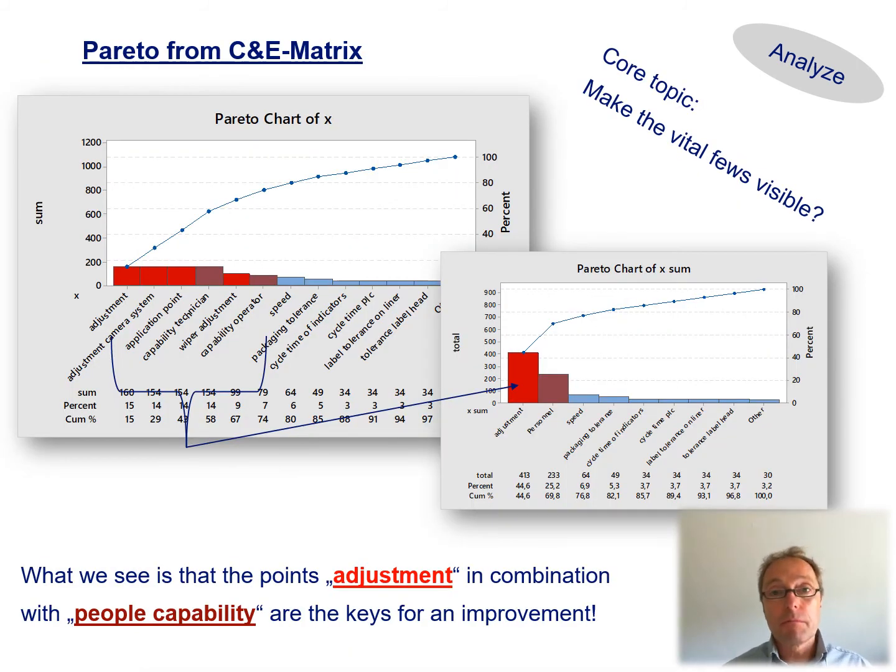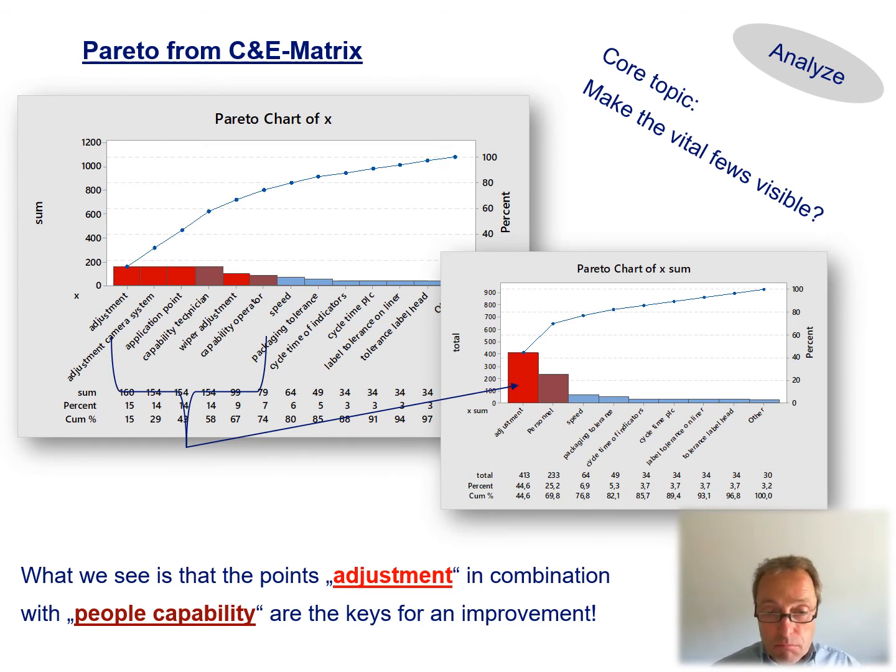And the drivers you can then put into a Pareto diagram to make visible where the drivers are. Here you can see, for example, that the adjustment in combination with people capability are the drivers.